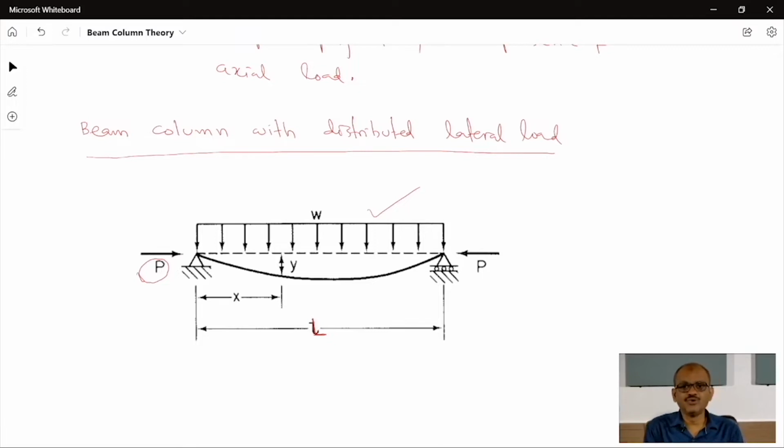Previously, we wrote the equilibrium equation by the equilibrium method. We took a part of this column, took the moment about a certain point, and wrote the equilibrium equation. But let us solve this problem by using the Rayleigh-Ritz method.